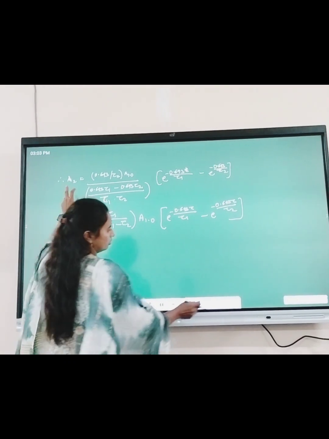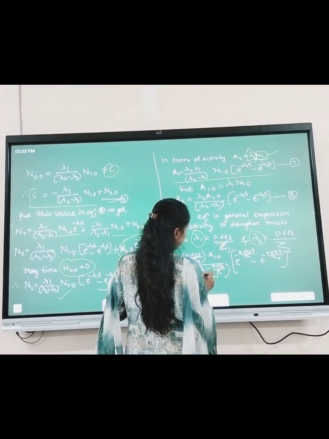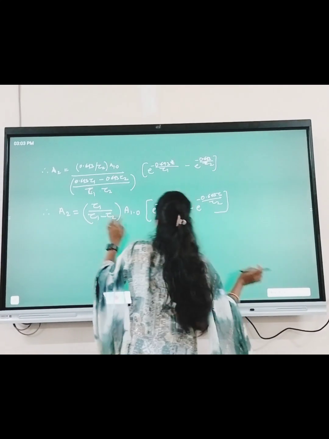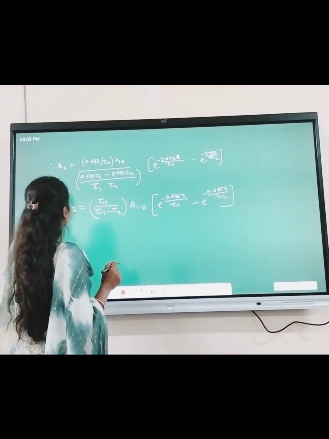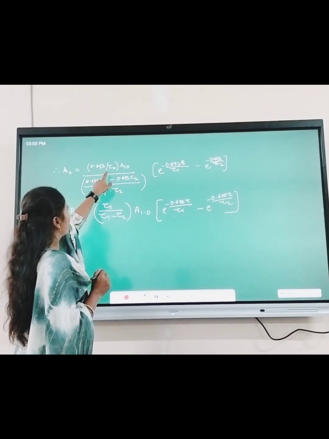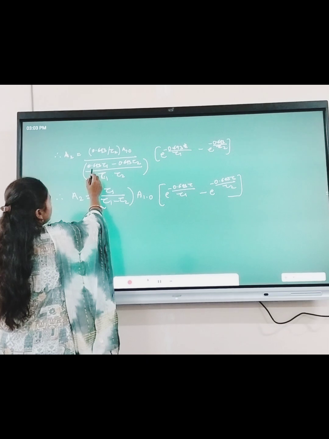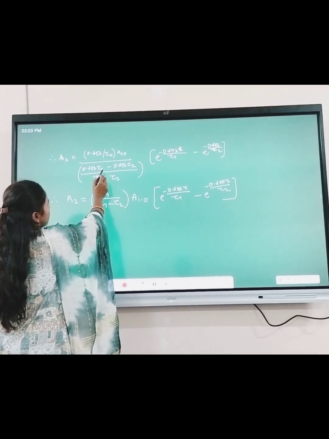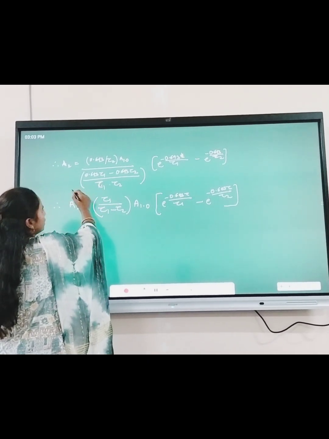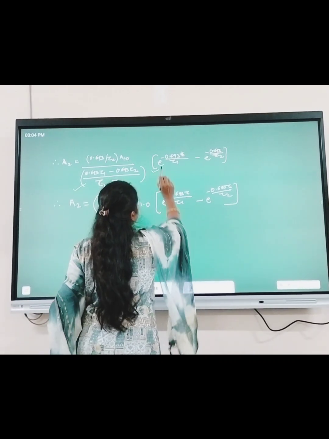Then here we do cross multiplication of both these terms. So we have this equation, A2 is equal to 0.693 divided by tau 2 into A1.0 divided by 0.693. After cross multiplication we have this term. Then the other terms are the same.